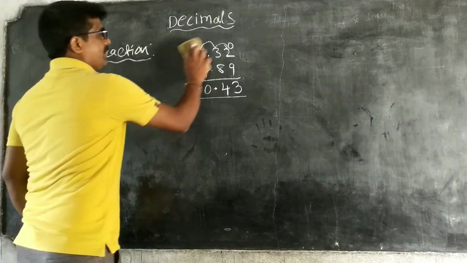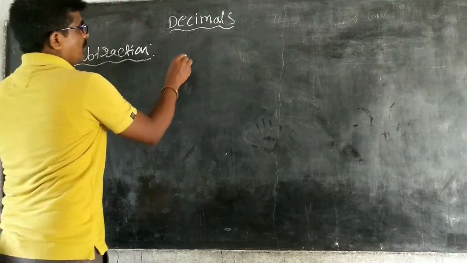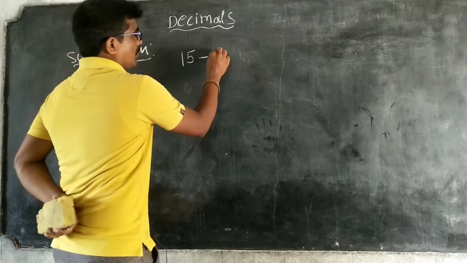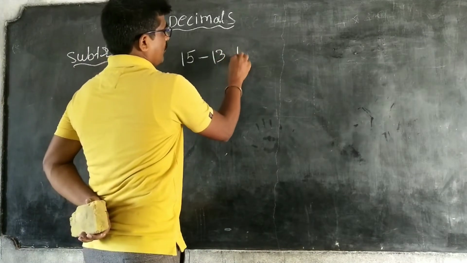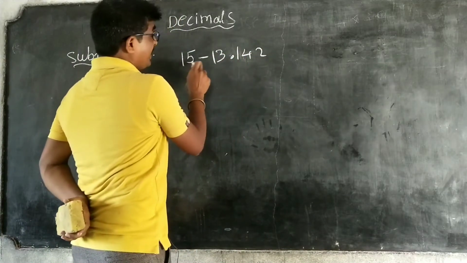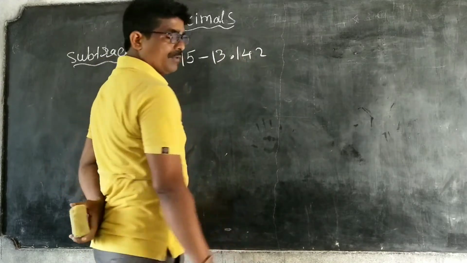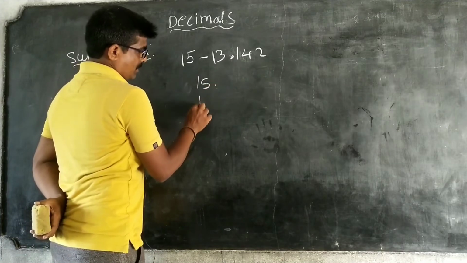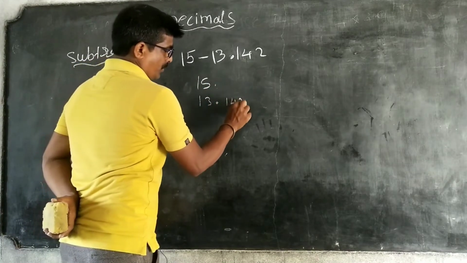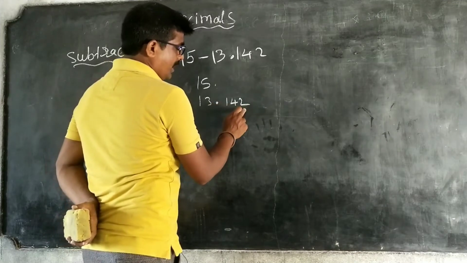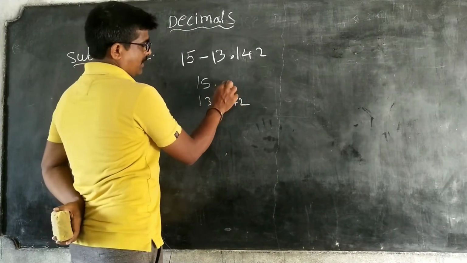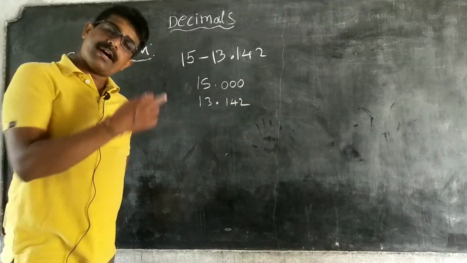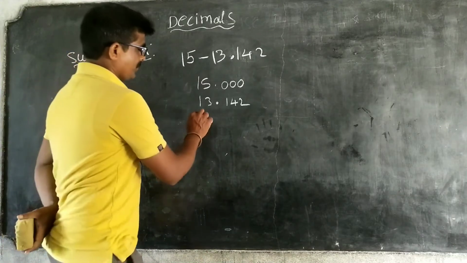Okay. Next I am writing another example. Taking 15 minus 13.142. How do we do this? First 15. So 13.142. After the point, how many numbers are there? 3 numbers. That's why keep 3 zeros here. Even addition you have to do like that only.